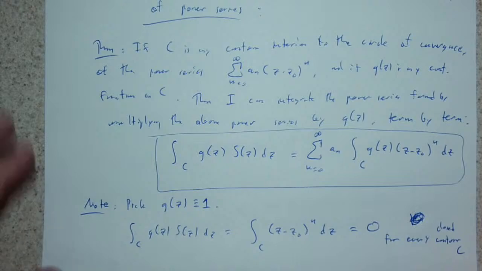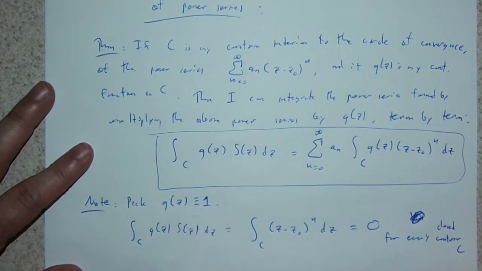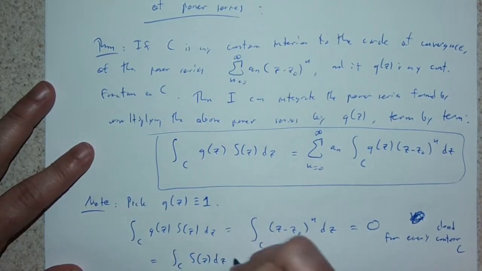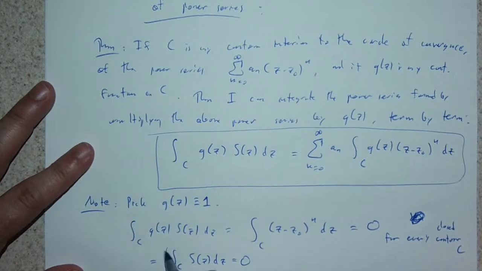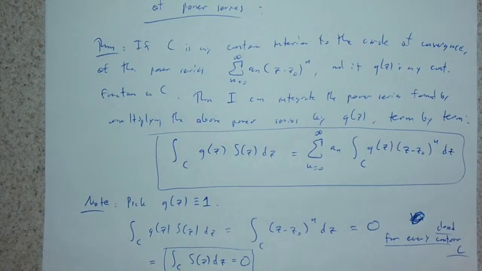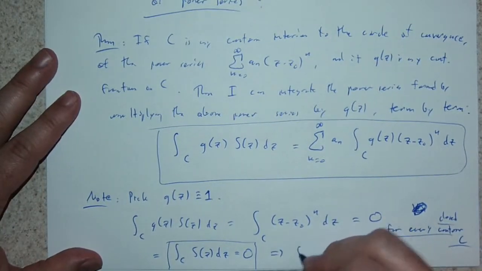And what this means, since I've taken g of z to be 1, is that the integral over every such c of s of z dz is equal to 0, for every such closed contour. What does that tell me? This means that s of z is analytic.